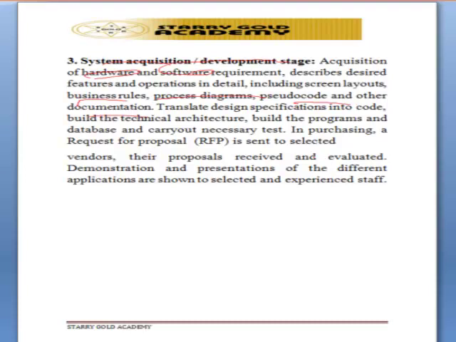Then we still have to translate design specifications into code, build the technical architecture, build the programs and database, and carry out necessary tests. And in purchasing, a request for proposal is sent to selected vendors. Their proposals are received and evaluated. Demonstration and presentation of the different applications are shown to selected and experienced staff.